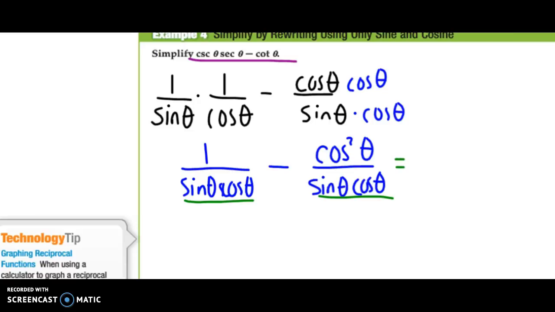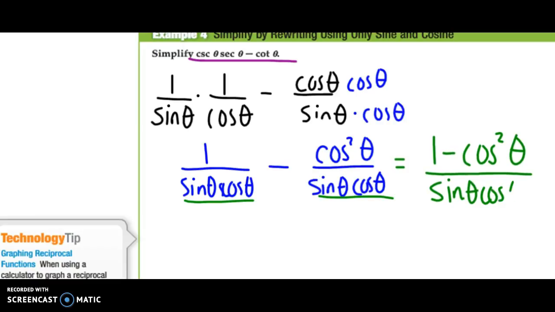So I can rewrite it with 1 minus cosine squared on top and sine theta, cosine theta on the bottom. And so I look at those and I think back to, are any of those any of our identities?